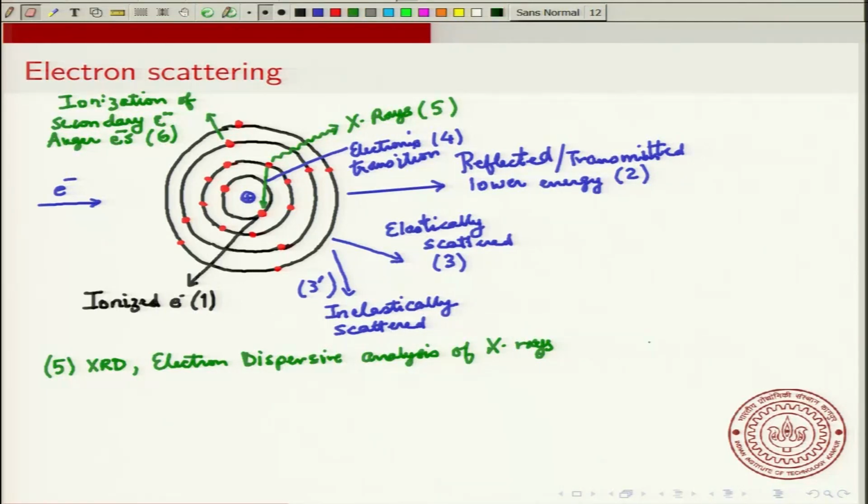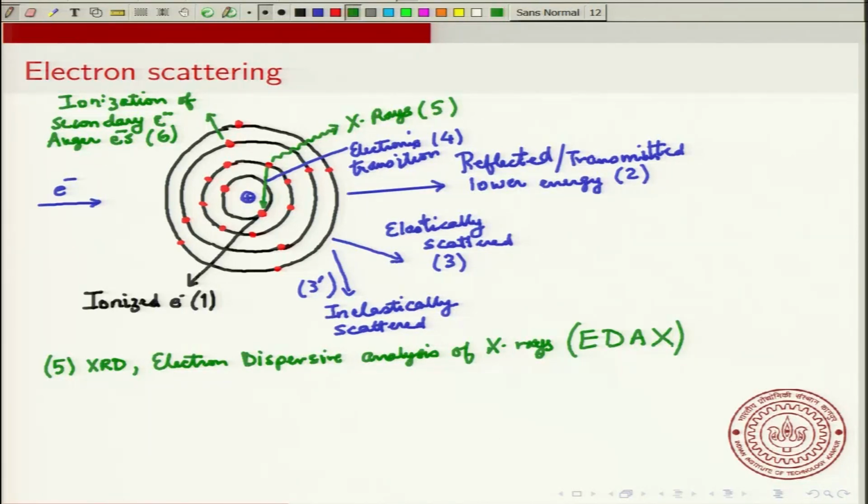Sometimes this is also called EDS. What this technique does is, by looking at the X-rays that are emitted, you can get information about what the atom is. So, if these electrons are bombarding a sample, then by analyzing the X-rays that are produced by dispersion, you can get information about the composition of the sample.